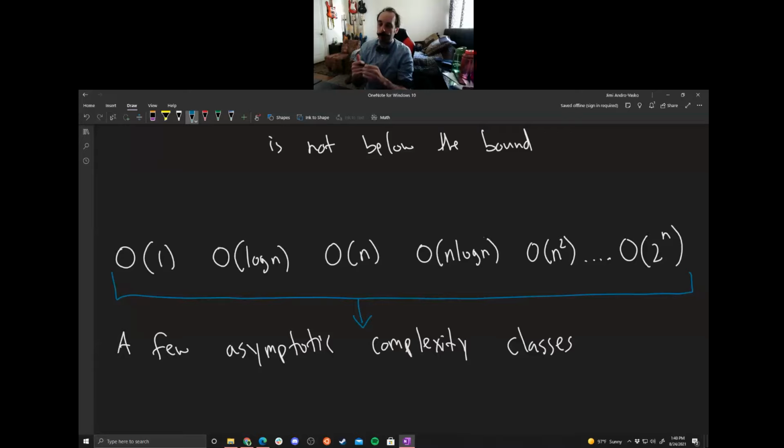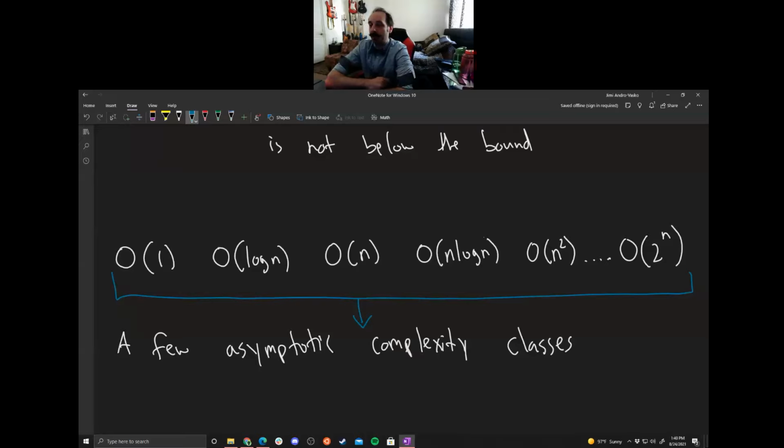For example, O of n contains all linear functions. They're all asymptotically in that same class. So 5n, 10n, n over 50, whatever, all of those are in an asymptotically linear growth rate class. O of log n, same idea. It has all logarithmic functions.